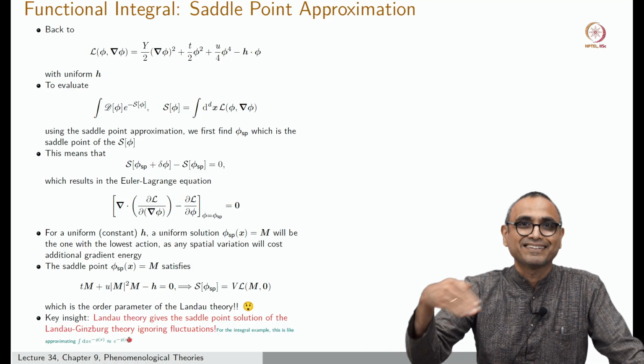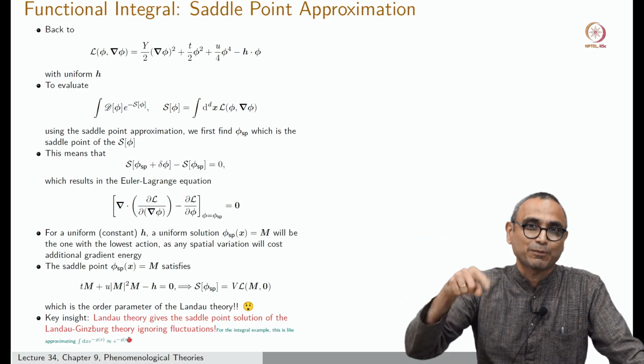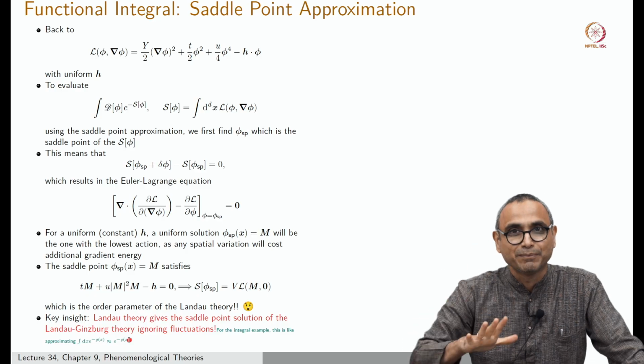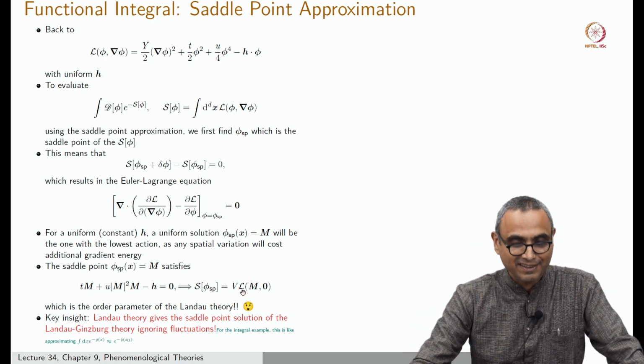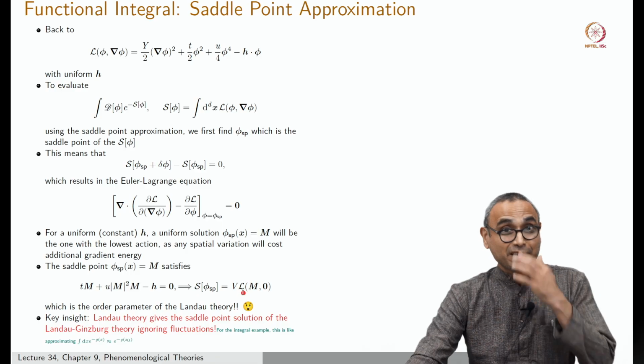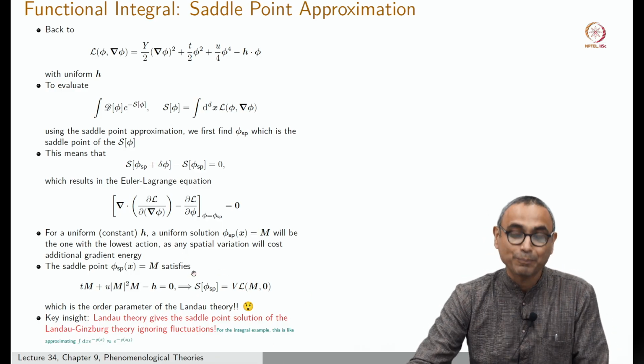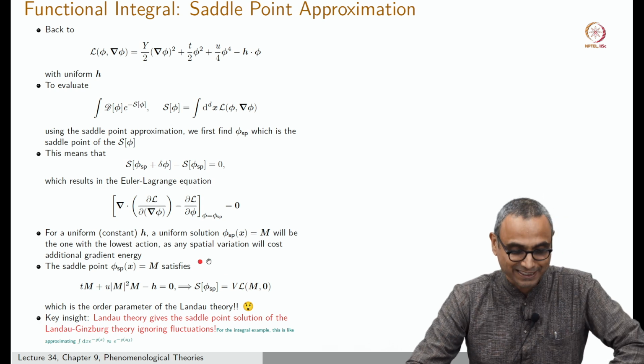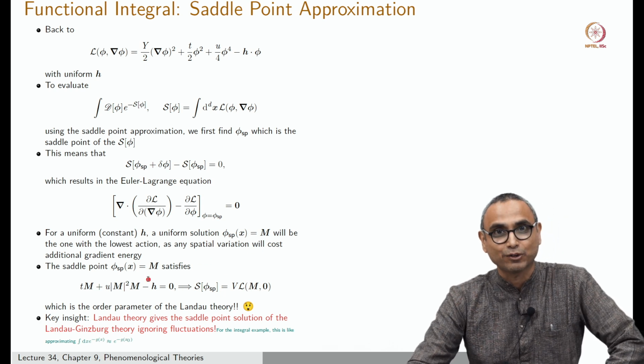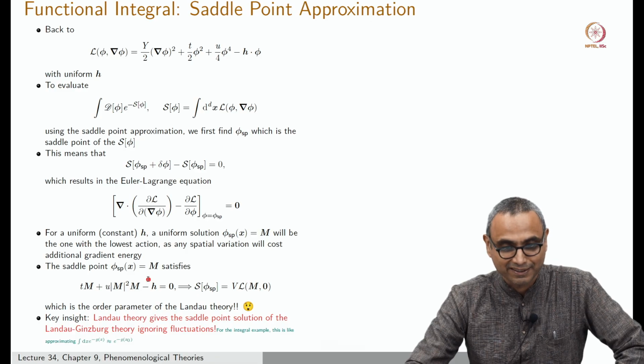So it's like the value at the minimum, the exponential of the negative of the value at the minimum. But we know that we have to include fluctuations. If you stop here, then of course we are doing nothing. We just recover our Landau theory from Landau-Ginzburg theory.